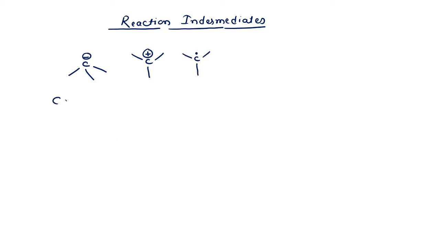This is known as carbanion. This is known as carbocation, and this is known as free radical.